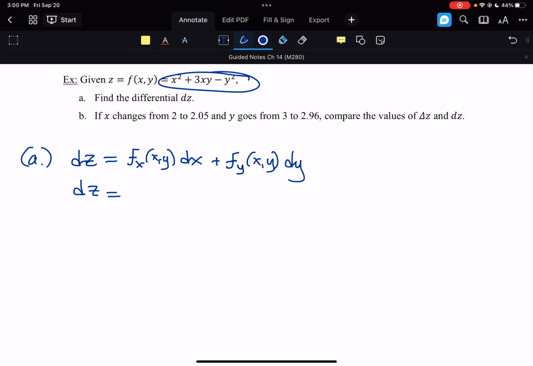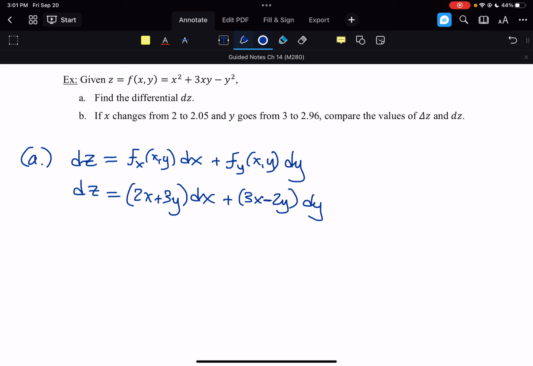So we need to take a couple of partial derivatives of this. That's going to be 2x plus 3y dx plus 3x minus 2y dy.